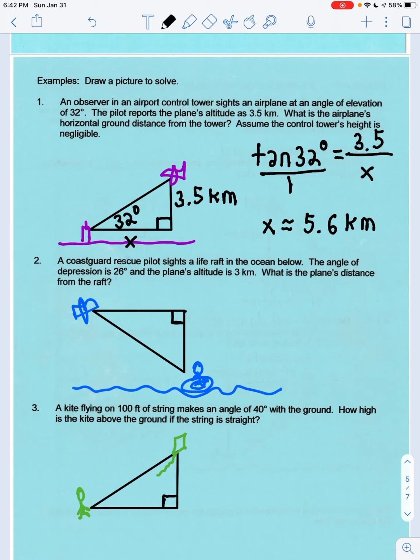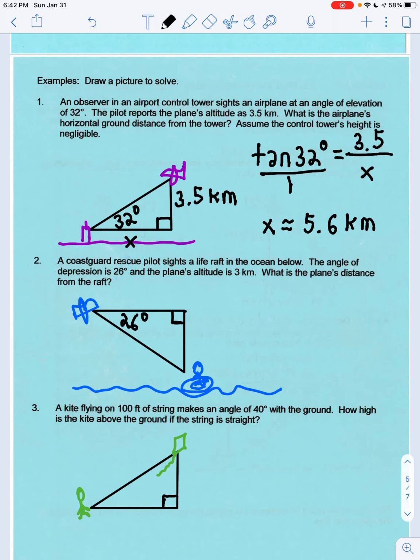Number 2, on the other hand, says a Coast Guard rescue pilot sights a life raft in the ocean below. So that's where we're having an angle of depression. Since the angle of depression is formed with the horizontal, that means our 26-degree angle is right there.